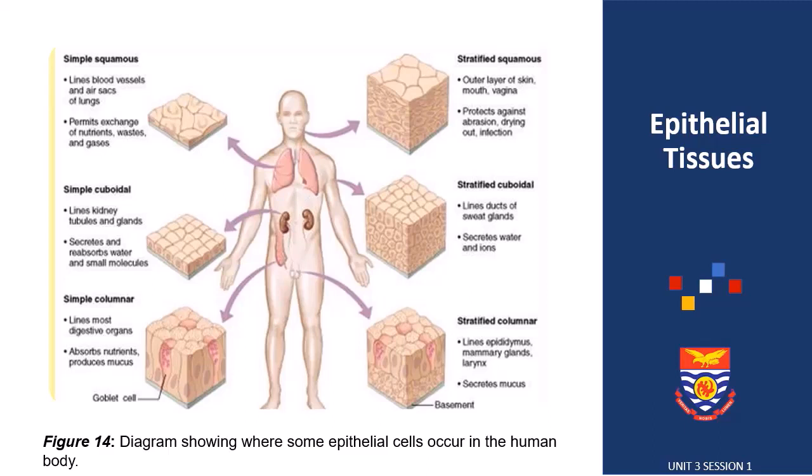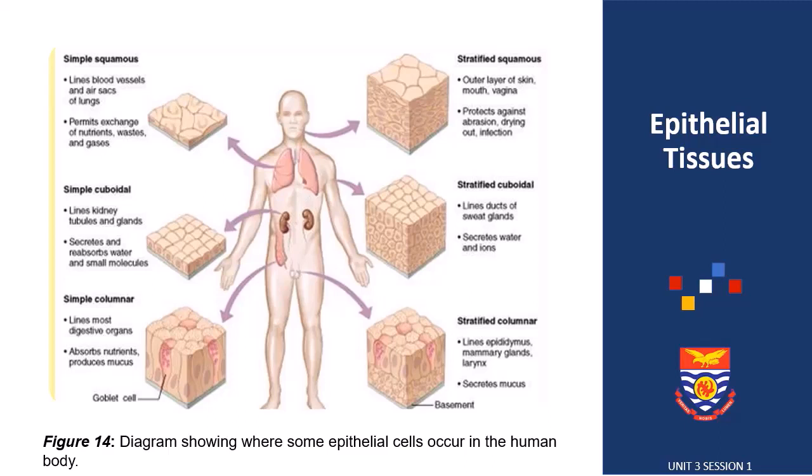So the outer layer of the human skin is where we could find epithelial tissues, and depending on the shape of the cells found on the outermost layer of the skin, each comes with its specific name.